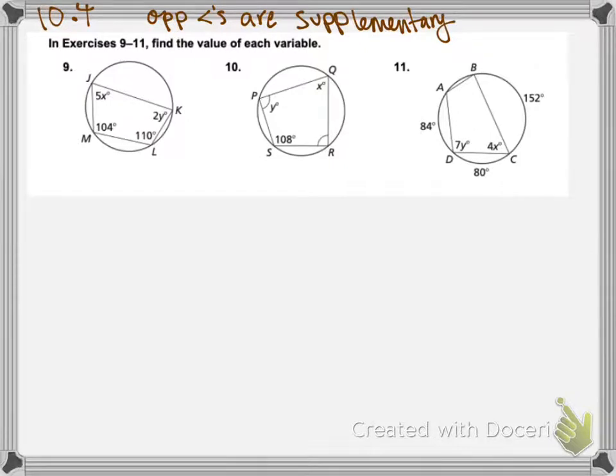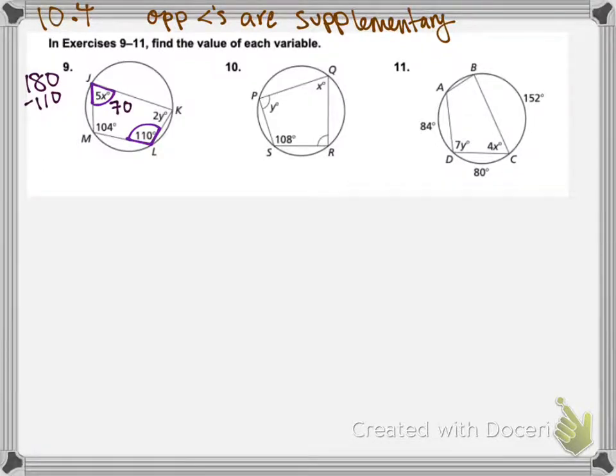So that means we could do this a couple ways. If we're going to find the value of each variable, we can start with x. J is across from L. I know that they add up to 180. So, because they're supplementary, that's what supplementary means, 180 minus 110 is 70.